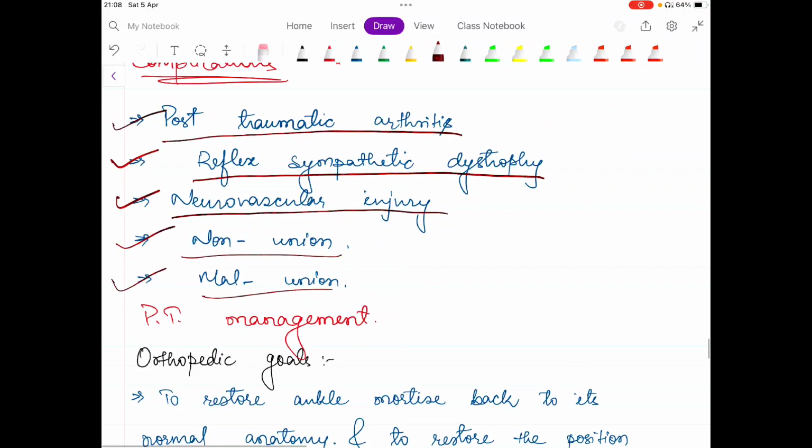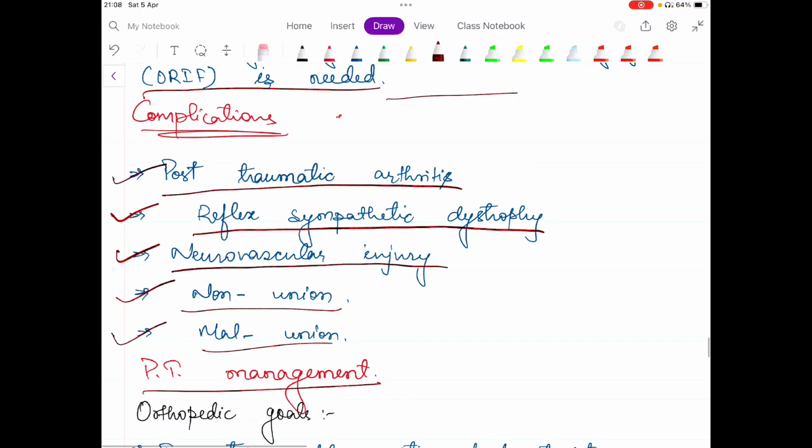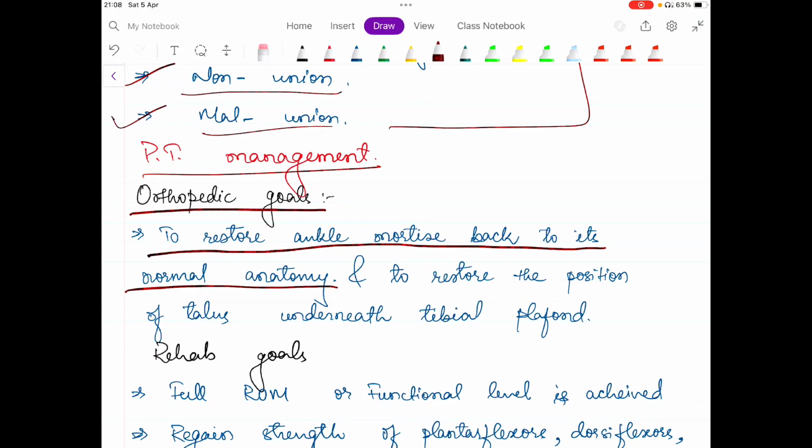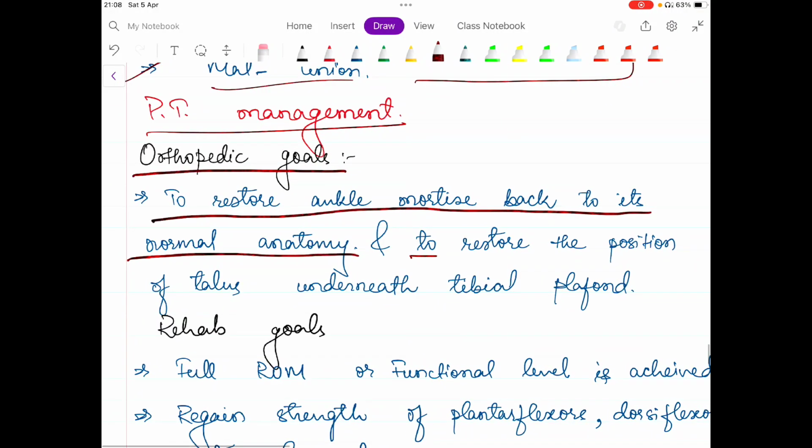The next one is PT management. I've already discussed the complications in the previous video. See, there are certain goals. For the orthopedician, the goal is to restore the ankle mortise back to its normal anatomy and to restore the position of the talus underneath the tibial plafond.